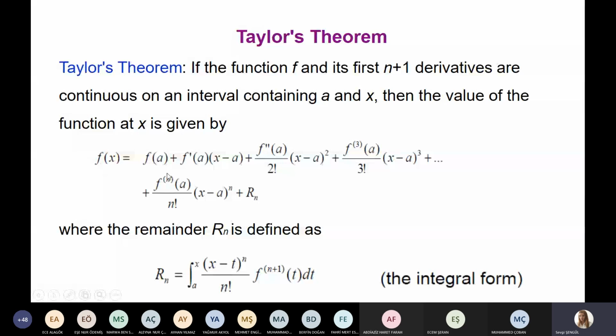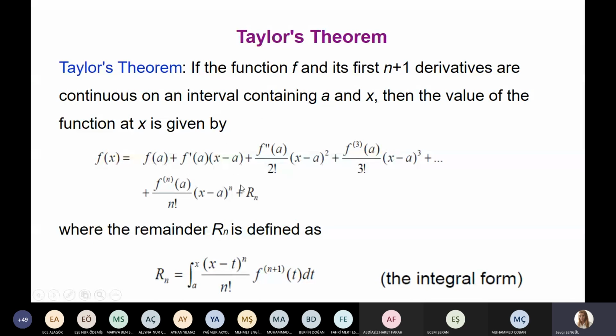You can write this function as a polynomial in terms of its derivatives, not at x, but at a, which means that if you are dealing with a function like exponential of 0.0038, since it is a very hard number to deal with, you can define this function as a polynomial function around 0, because 0.0038 is close to 0, so you can expand your function around 0 according to Taylor's theorem.